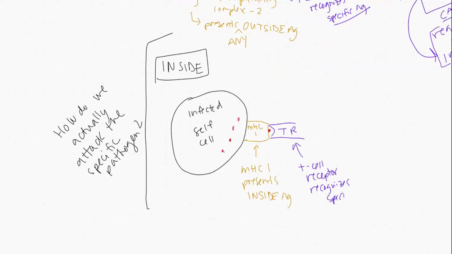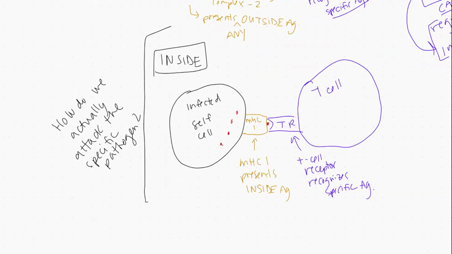And this time, because we've got a T cell that is recognizing MHC1, this has to be a cytotoxic T cell. And that marker that's going to recognize this MHC, which is MHC1, is now going to be CD8. This is our CD8 positive cytotoxic T cell.